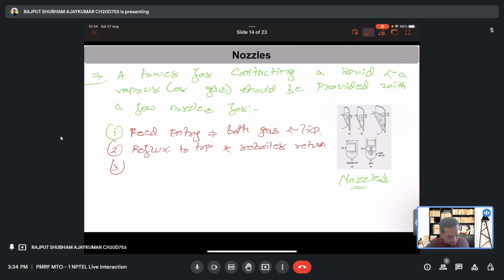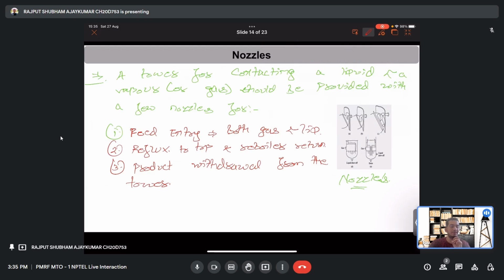And third is product withdrawal from the tower. So these are the very different things that are going to be used in the towers, the trays or the packed columns, as well as in the distillation columns, which are provided with the different nozzles and the downcomers and the weirs.